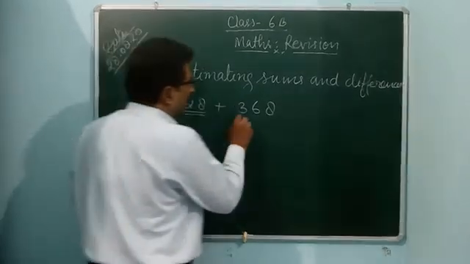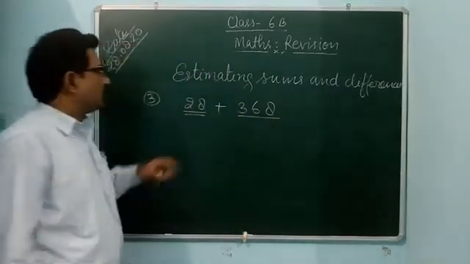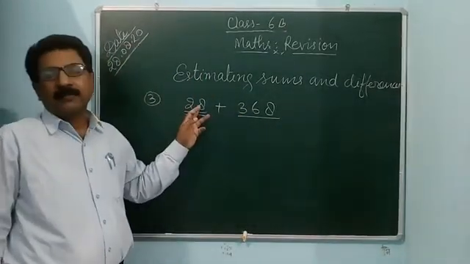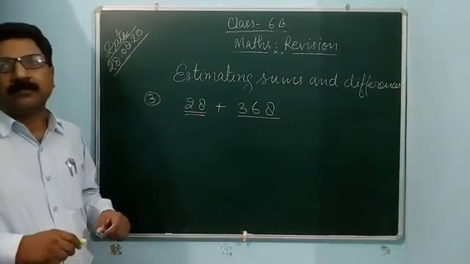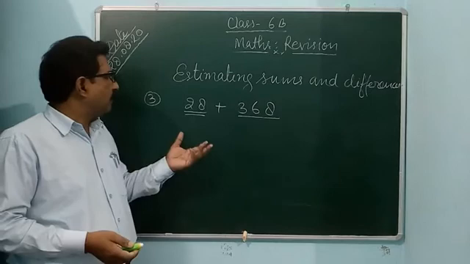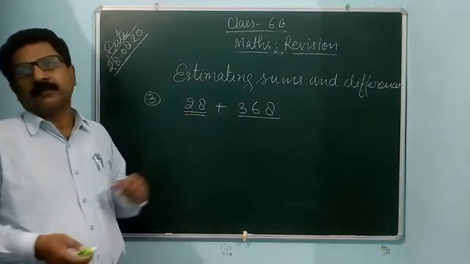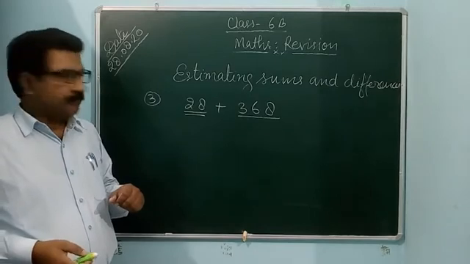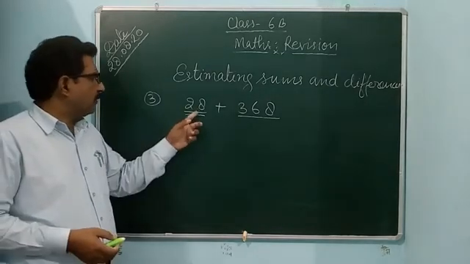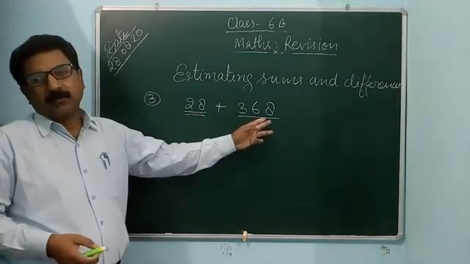This is a 3 digit number. So according to the less digit number, you take round off. So you take round off accordingly to the less digit number, 28.